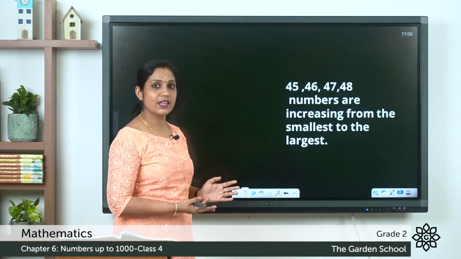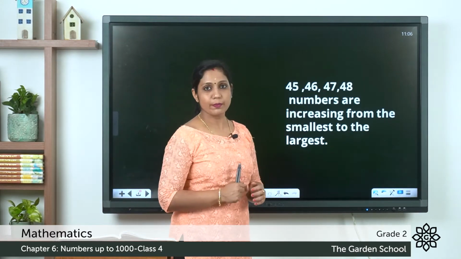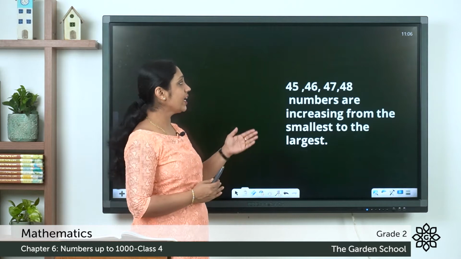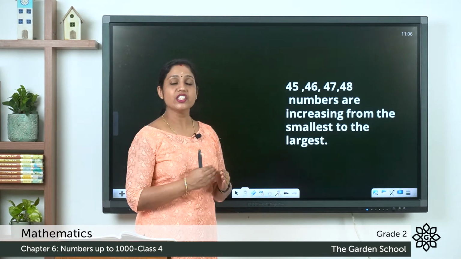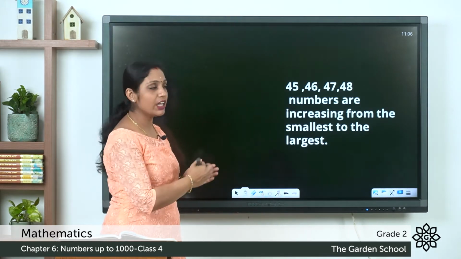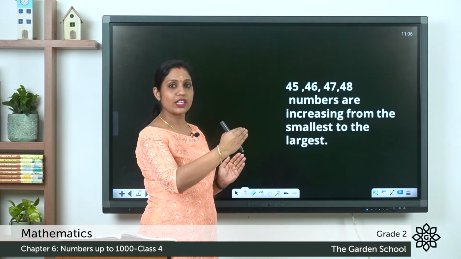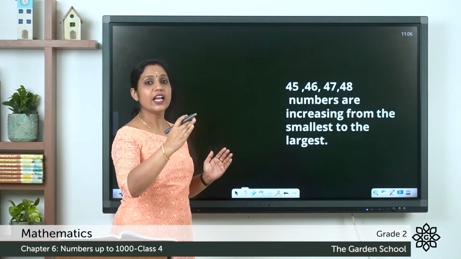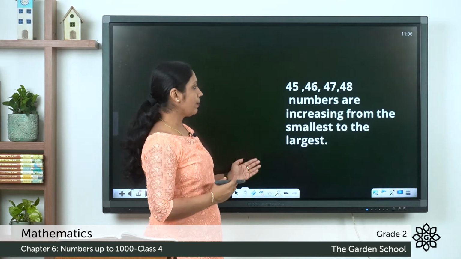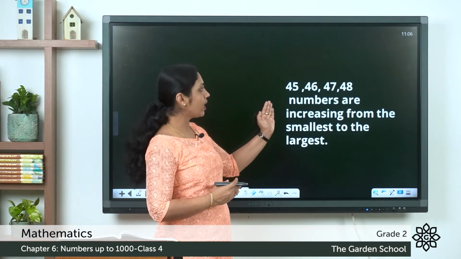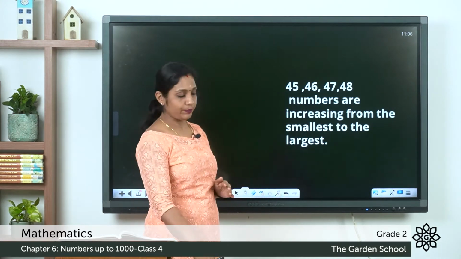And which is the biggest number? The number 48 is the biggest number. Now we can say that these numbers are arranged in the increasing order. You can see 45, 46, 47, 48. The numbers are increasing. So these numbers are arranged from the smallest to the largest.